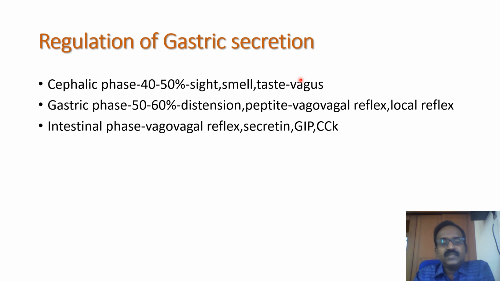The intestinal phase mainly inhibits gastric secretion through secretin, gastric inhibitory peptide, and cholecystokinin. Initially, it increases gastric secretion a little through the vagovagal reflex.